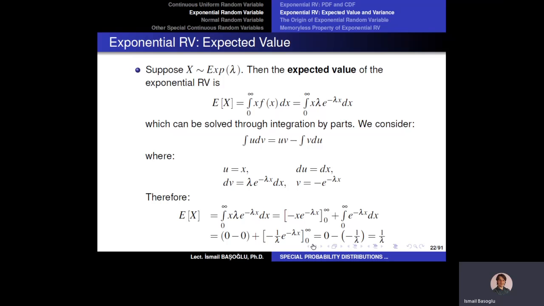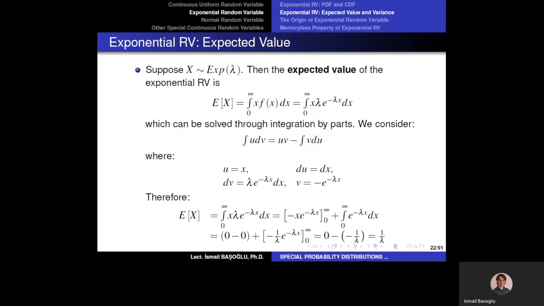So it is going to be 0. And if you plug in 0 value, you are going to get a minus 1 over lambda. And there's a minus sign here. And as you can see, the expected value is going to be 1 over lambda. So you see, it is interesting. The rate parameter is equal to lambda. However, the expected value is going to be 1 over lambda.